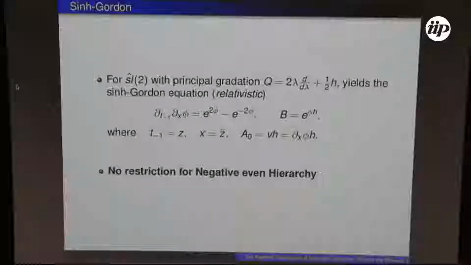And you interpret t_{-1} as z and x as z bar, the light cone components of the space-time. So the t_{-1} evolution is always a relativistic field theory. So mKdV, sine-Gordon, and all those equations that I have discussed are within the same hierarchy. They have the same algebraic structure.